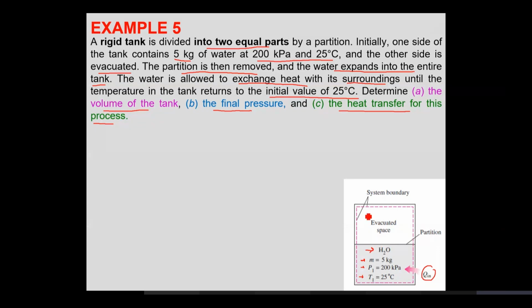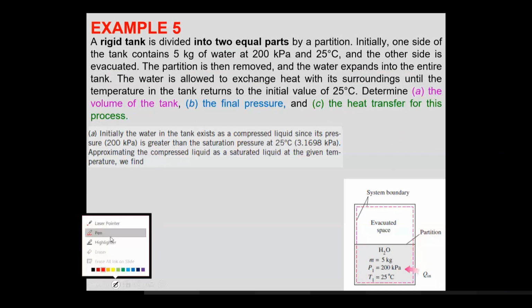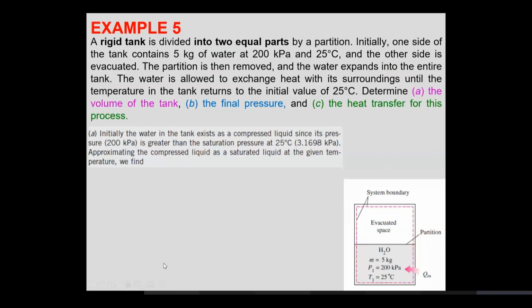For that, this is the pressure specific volume diagram, or a plot.